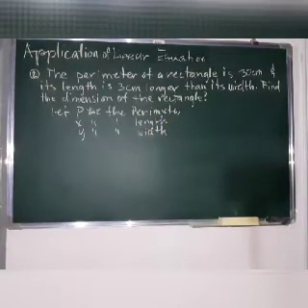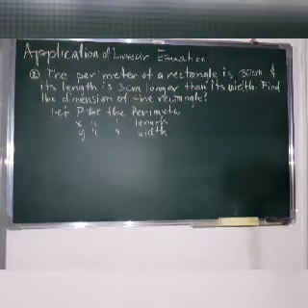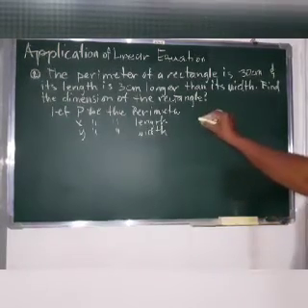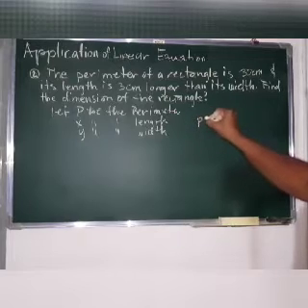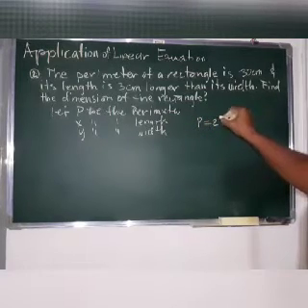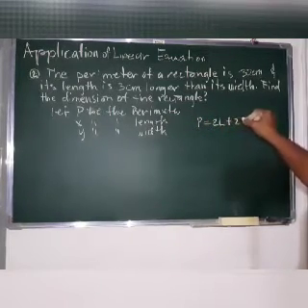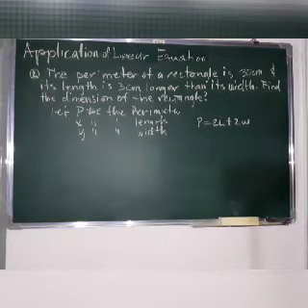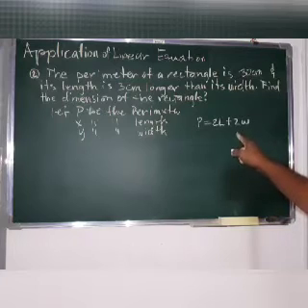Okay, so we need to equate now. The perimeter of a rectangle is 30 centimeters. Remember that the formula for perimeter is P is equal to 2L plus 2 width. So we're going to substitute this.